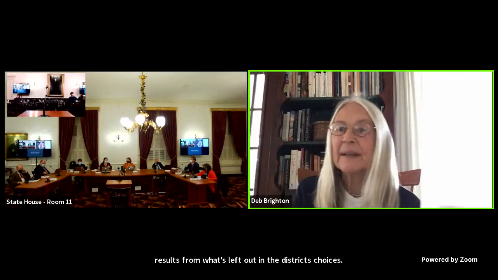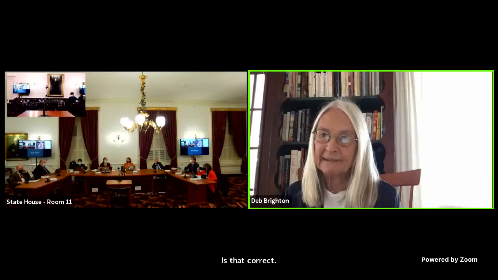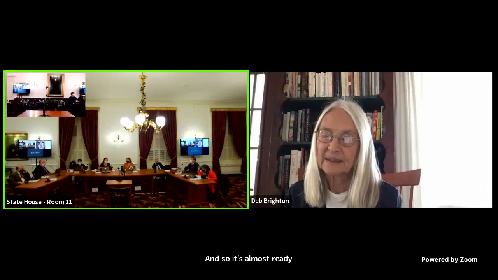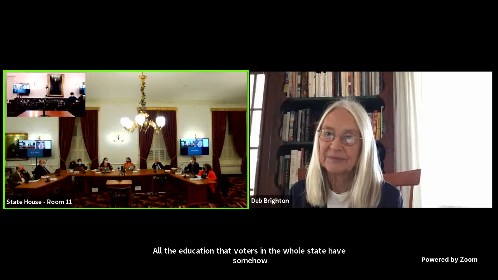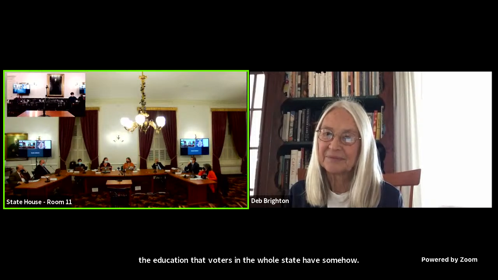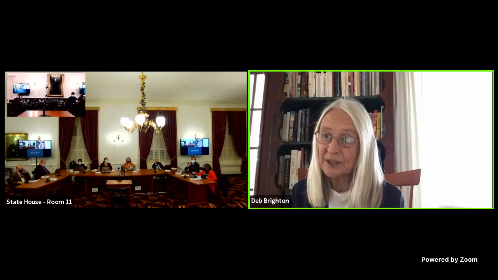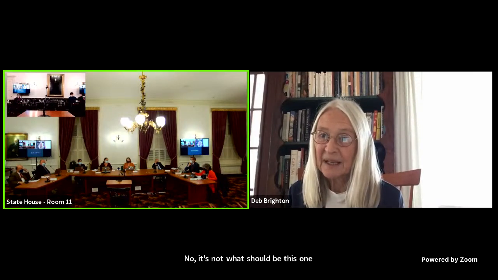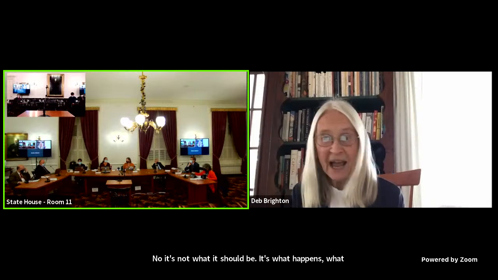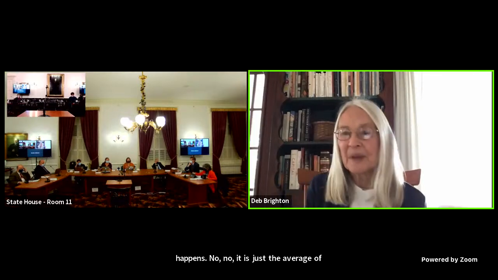It's almost like all the education budget voters in the whole state have somehow accidentally come to consensus that this is what the average unweighted spending per pupil should be. No, it's not what should be, it's what happens. In other words, it is just plain the average.